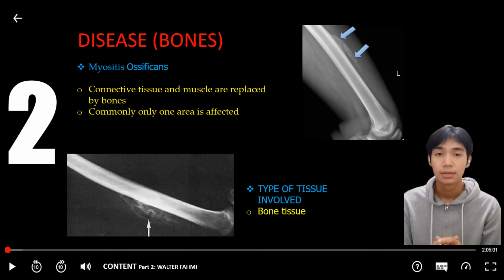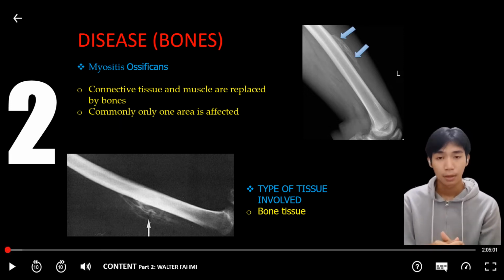Let's move on to the next part, which is disease in bones. What is the type of disease that is involved in bones? Have you heard about myositis ossificans? It is also called Stiffman syndrome. So basically, myositis ossificans is a disorder or condition where your connective tissue or muscles are replaced by bones.